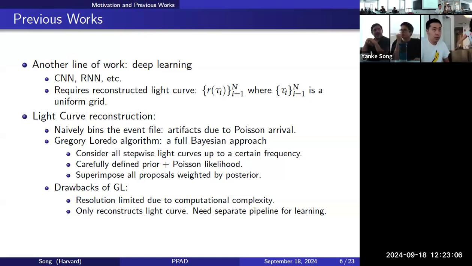I think it's interesting that you're putting it in terms of priors and posteriors. I have to confess that's not the way I was interpreting the Gregory-Loredo algorithm myself, but maybe it's worth having a little discussion. The way I understand it, and I might be wrong, is that given a list of events, you consider all the possible binnings of those events, right?